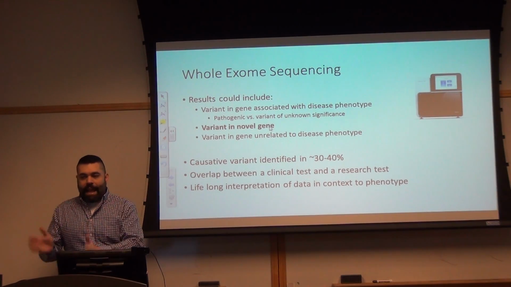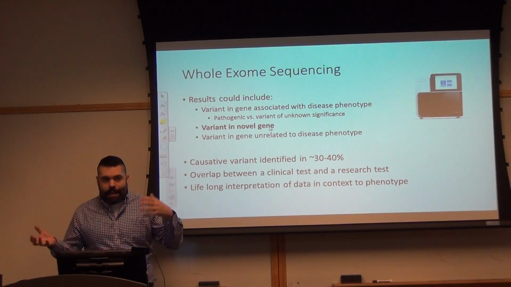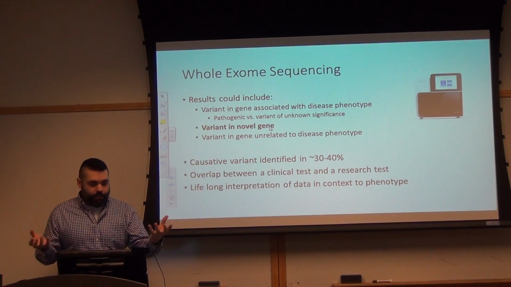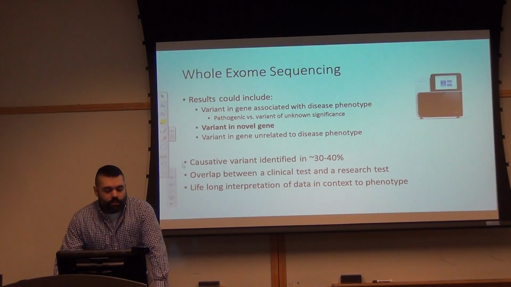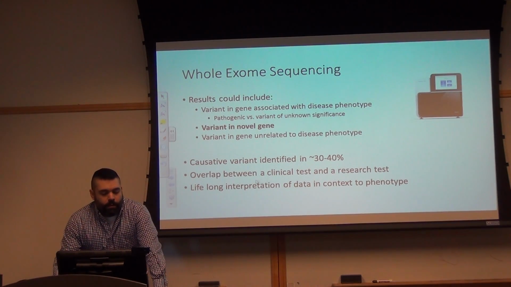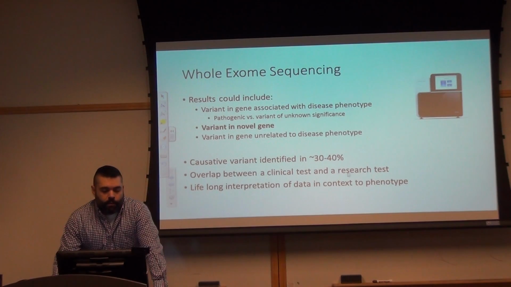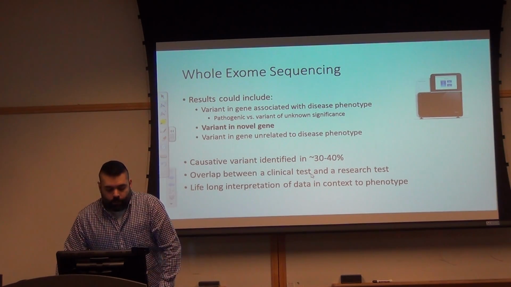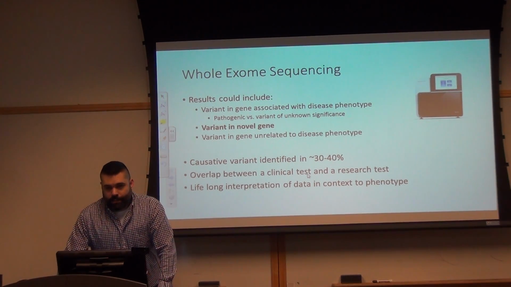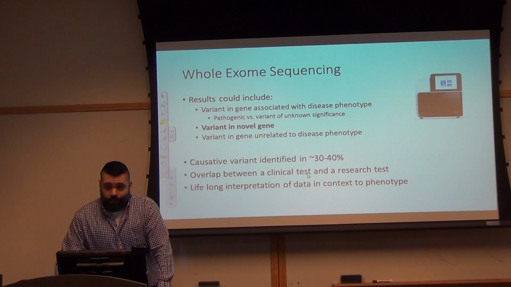We like to say A equals A. You have a phenotype, you have a gene, you have the disease. But with exome, this is where things get a little different. This really is an overlap between a clinical test and a research test. So that's why you get consented to run an exome. And you don't get consented to run a CF test.